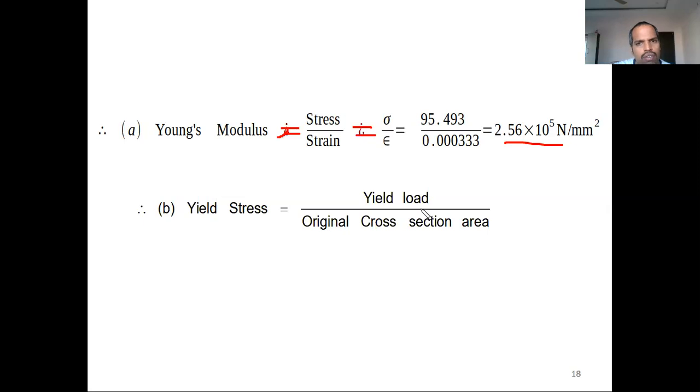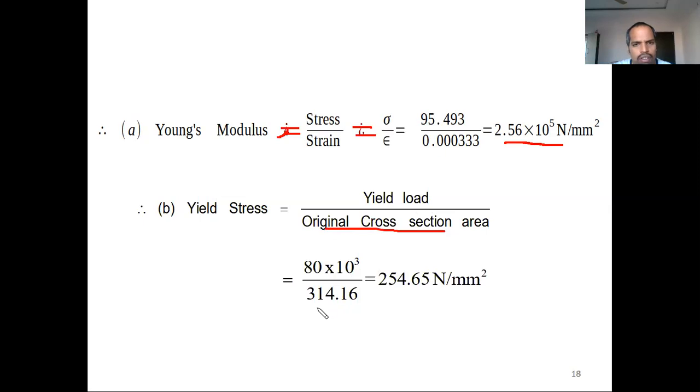Next, what is the second bit? Yield stress. Yield stress is equal to yield load divided by original cross section area. The yield load is given as 80 kilonewtons. So 80 into 10 to the power of 3 divided by original cross section area, pi by 4 d square, where d is 20 mm. So we will get the yield stress as 254.65.